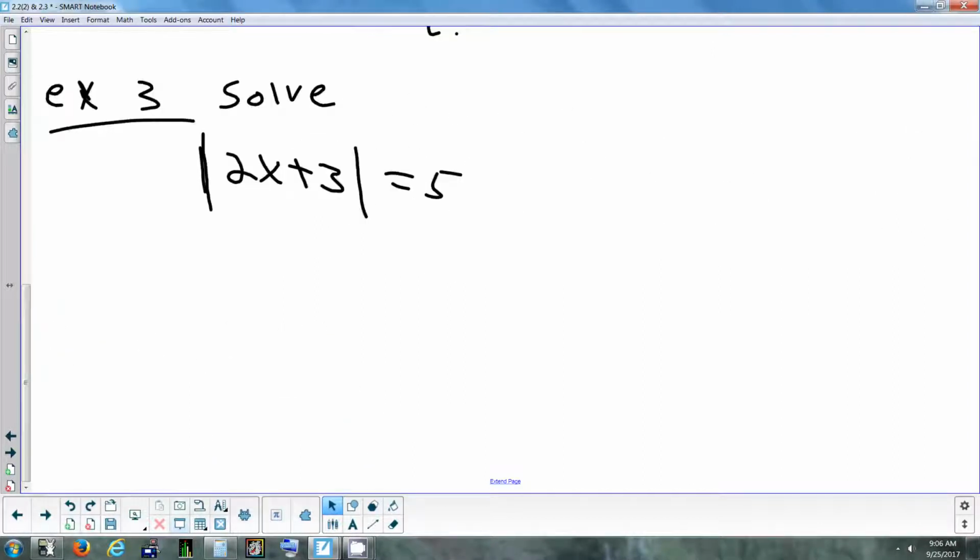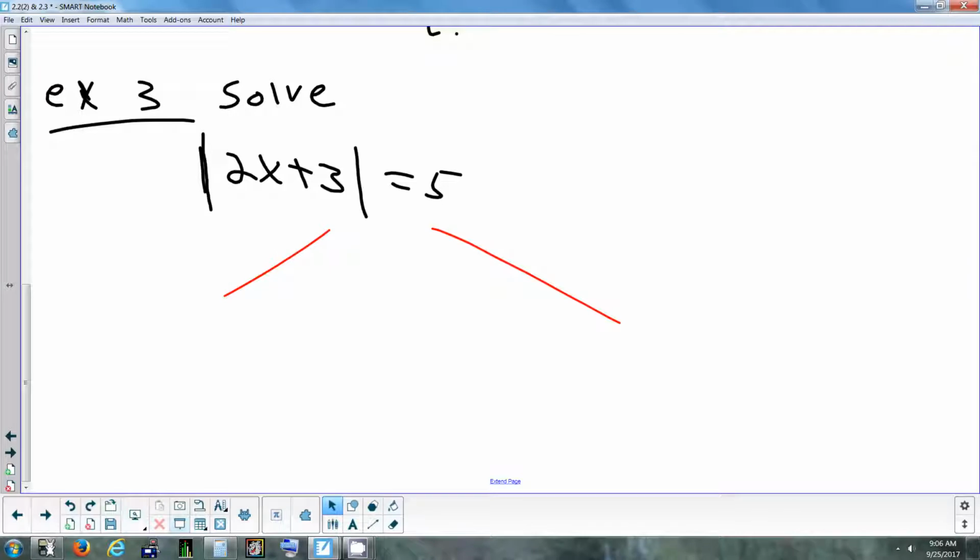Here's an example of something that's not by itself: 10 times the absolute value. The first thing you want to do is move the 10 to the other side by dividing. Here's another example: 3 plus the absolute value of 2x plus 3. You would subtract 3 from both sides first. So in this problem, the absolute value is already by itself. We're going to split it.